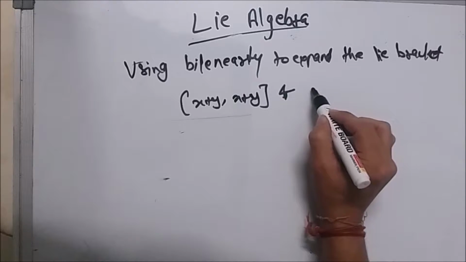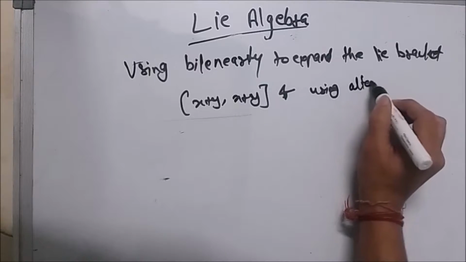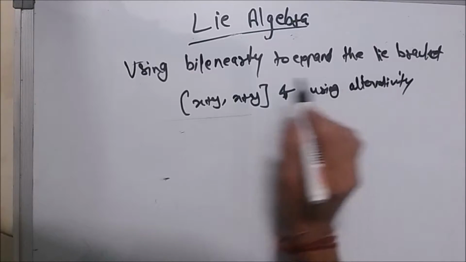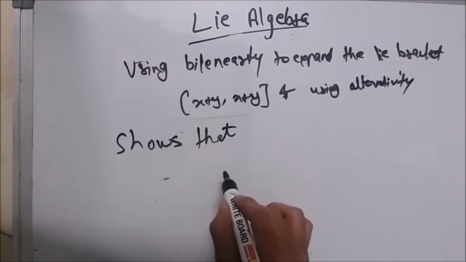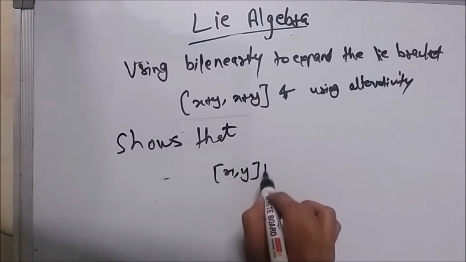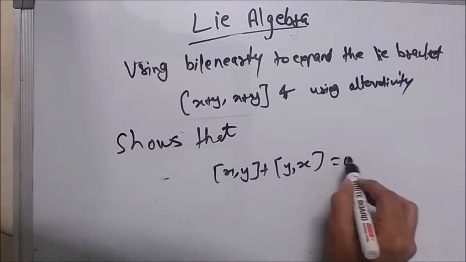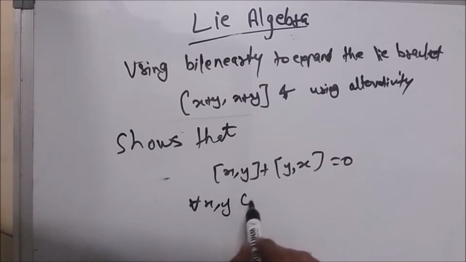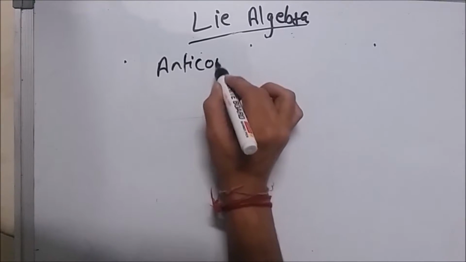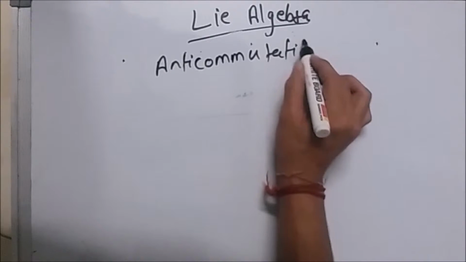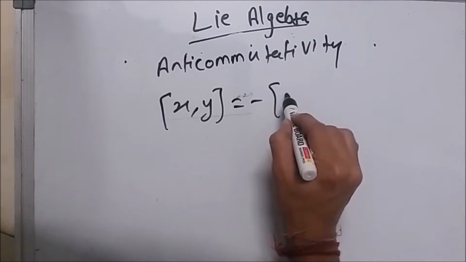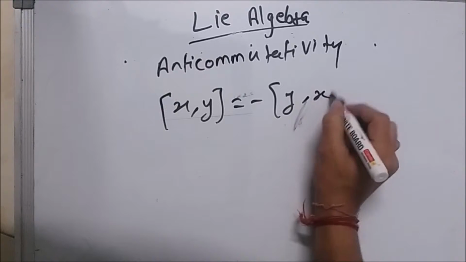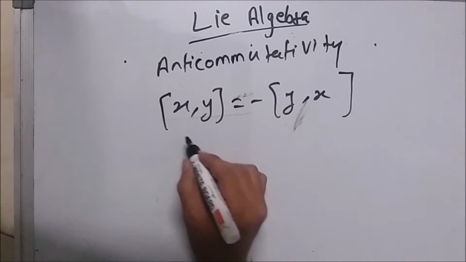Also, we use alternativity to show [x, y] plus [y, x] equals 0 for all x and y belonging to G. And at last, we have another property, anti-commutativity, which says the Lie bracket of x with y is the negative of the Lie bracket of y with x for all x and y belonging to G.